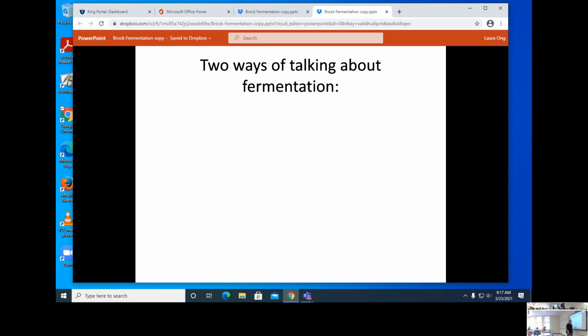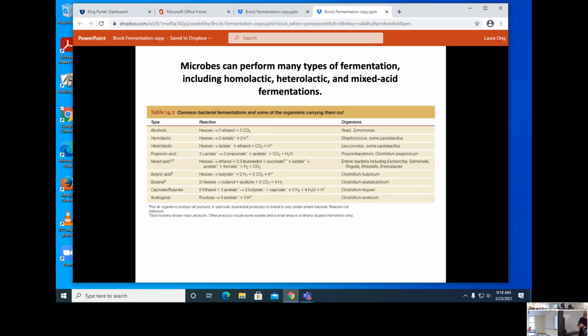And for the purposes of this class, if you're not sure, just ask me and I'll clarify. This chart is talking about common bacterial fermentations, referring to what is the waste product. So if you look here, it says alcoholic fermentation starts with a hexose and it produces ethanol and CO2.